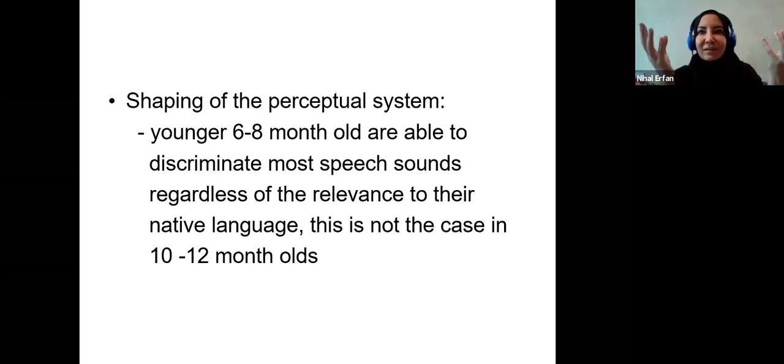So you connect. Your focus is on the sound of it, but not understanding it. As you get older, you learn the meaning. So it's not the phonology, the auditory, like how it sounds. It's more about the meaning of it, and so your focus becomes more on the meaning and less on the speech sound.